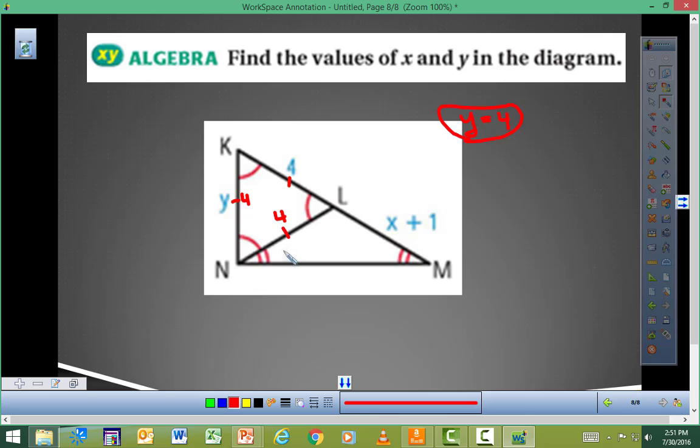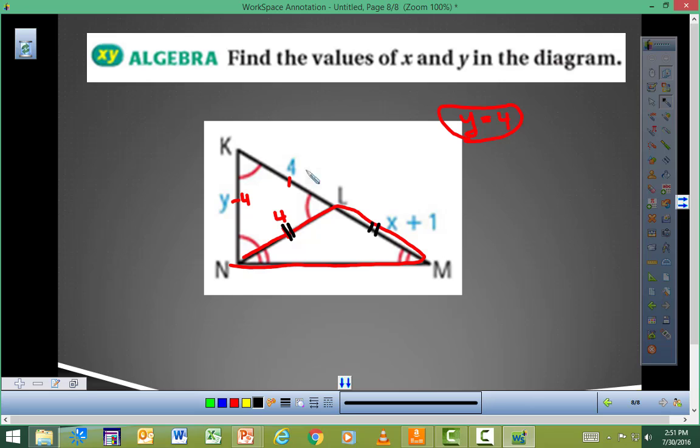Alright, well, now what do we know? Well, we know that the base angles on this triangle over here are congruent. Well, that means since the base angles are congruent, this side right here must be equal to this side over here. Well, I should probably draw it with one tick mark.